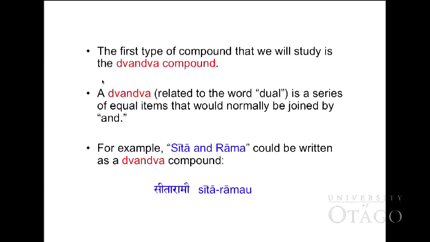The first type of compound that we will study is the Dvandva compound. Dvandva, related to the word duo, is a series of equal items that would normally be joined by 'and'. So usually we translate it as A and B, such as Sita and Rama could be written as a Dvandva compound like this: Sita-Ramau.